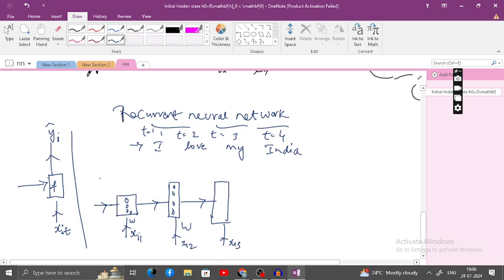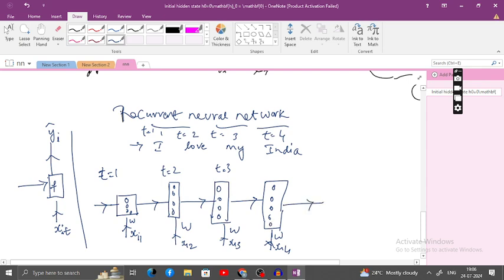See, this is the input layer, so input is coming here. This is the first hidden layer. At the time t is equal to 1, t is equal to 2, t is equal to 3. Similarly, you have x14, same w, same w. Many hidden layers will be there.